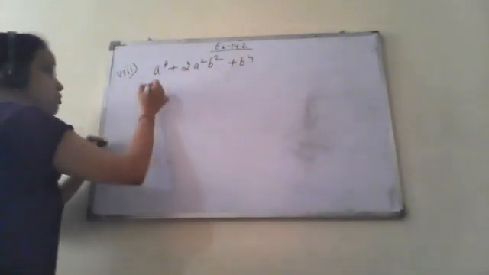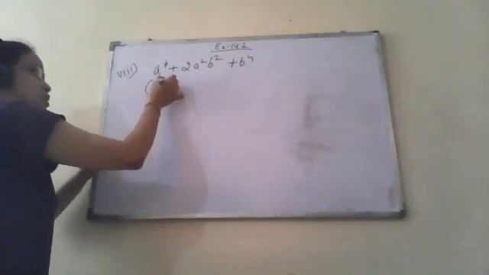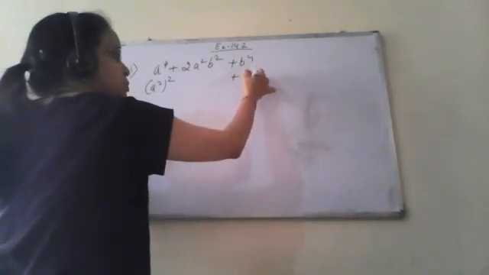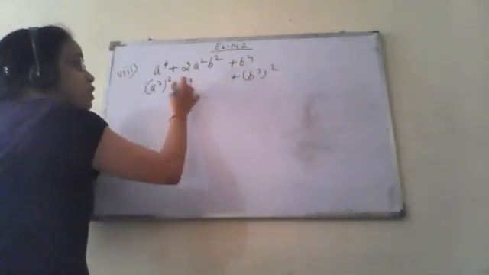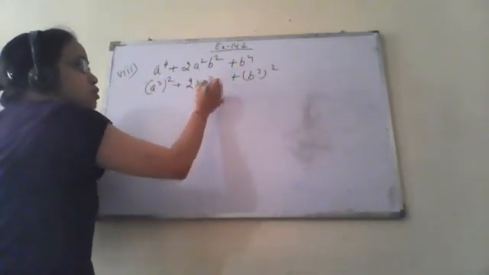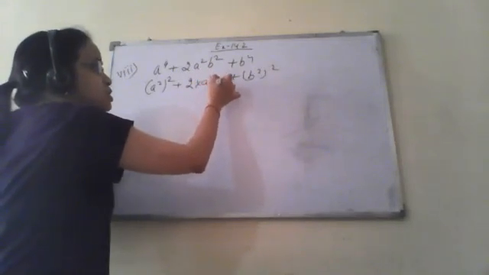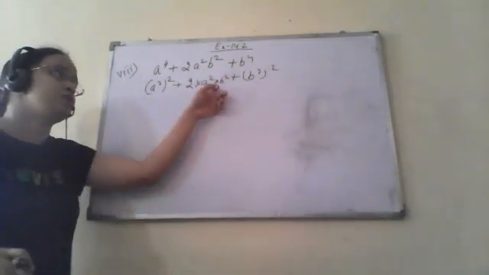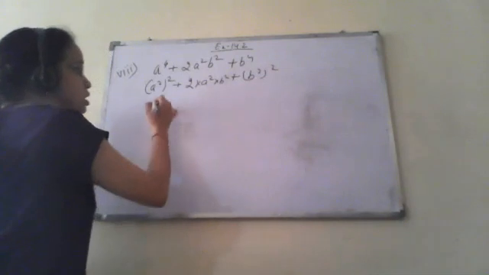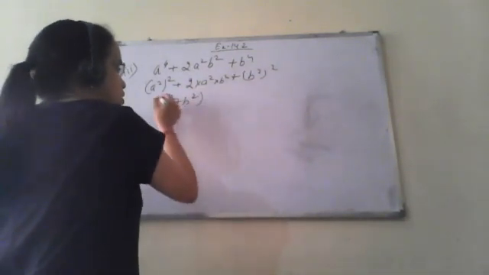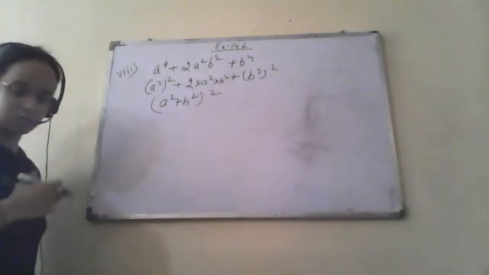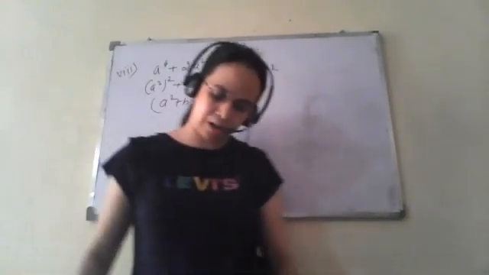So this a raised to power 4 can be written as a square whole square. This b raised to power 4 can be written as b square whole square, plus 2 into a, that is a square, into b, that is b square. We have a square, we have 2ab, and we have b square. So it is a plus b whole square, that is a square plus b square whole square. So this is how we are going to factorize using identities.